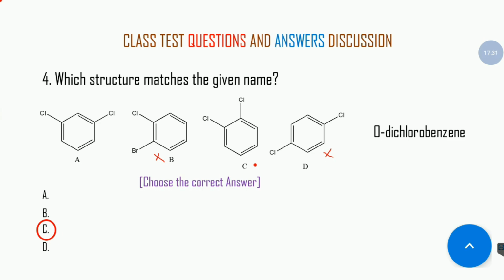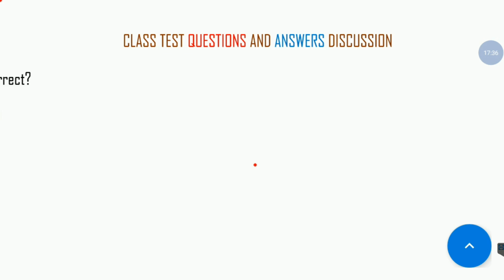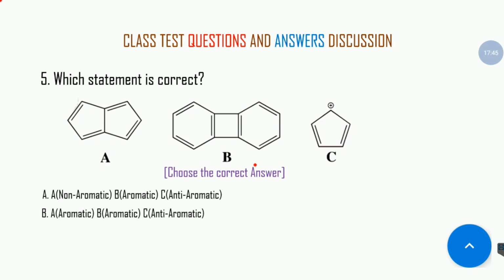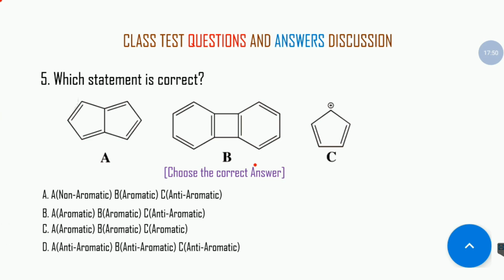Understood? Okay, next, question number 5. Now this one is very important. You have three different compounds, and you have to find the correct answer. For this type of question you have to find which one is aromatic, anti-aromatic, and non-aromatic. After that you can check the options.